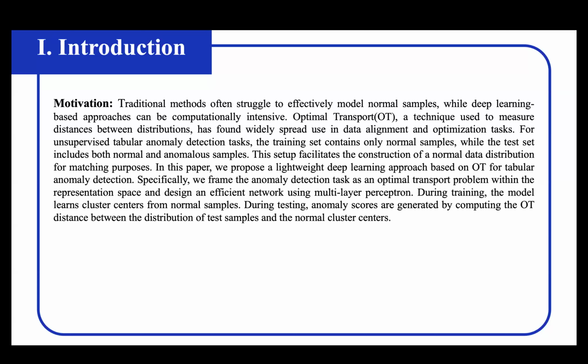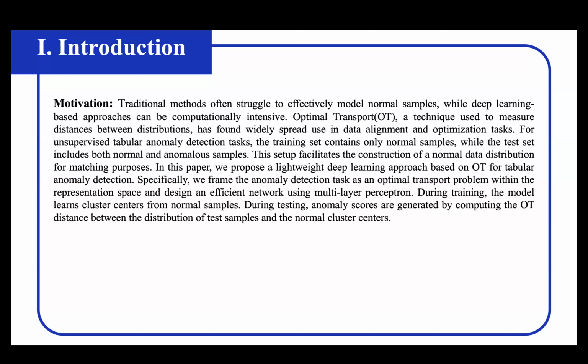For enterprise tabular anomaly detection tasks, the training set contains only normal samples, while the test set includes both normal and anomaly samples. This setup facilitates the construction of a normal data distribution for matching purposes.